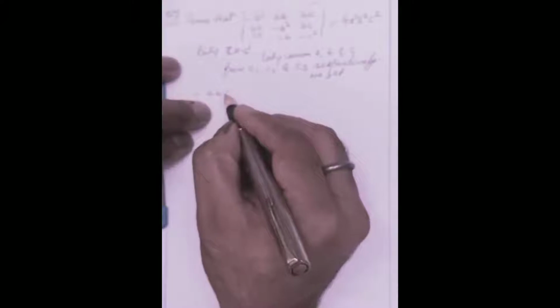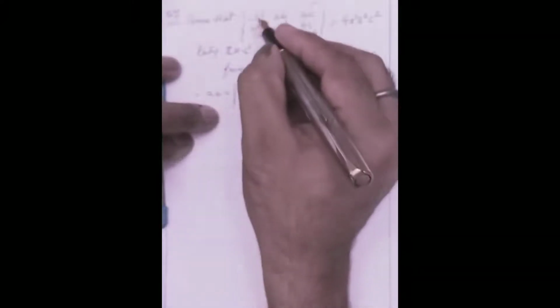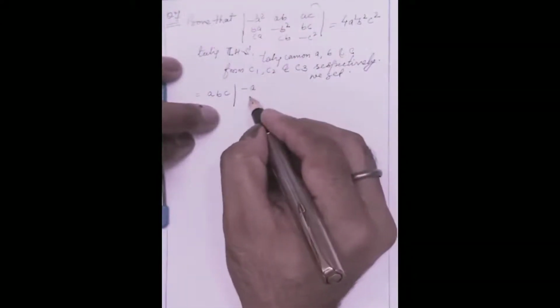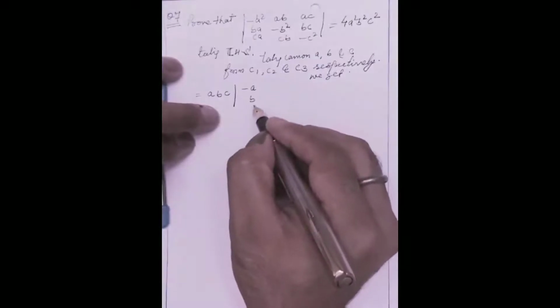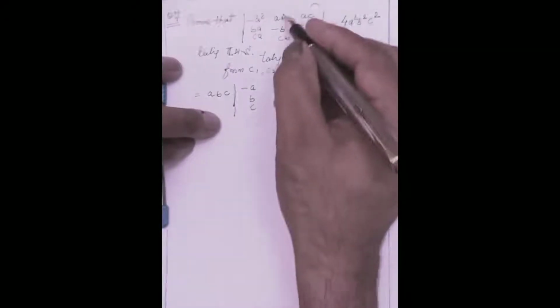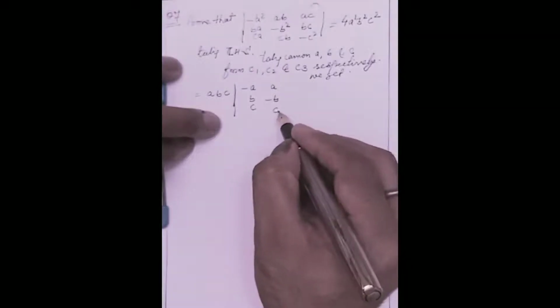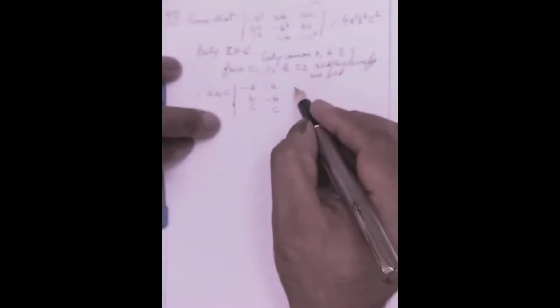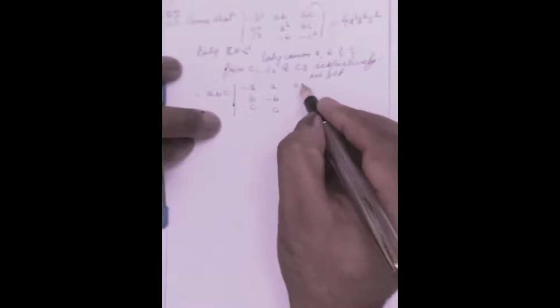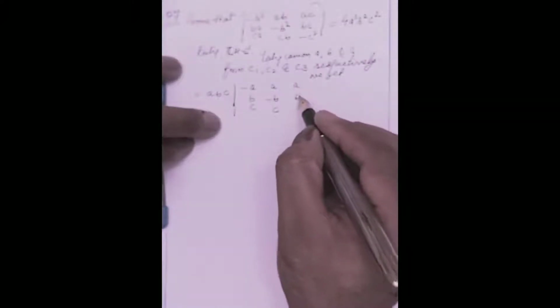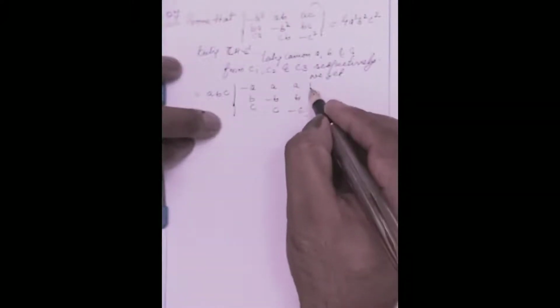So it will be A, B, C outside. Now we will have minus A and then B, C in the C1. Second is A, minus B, C. Third one is A, B and minus C.